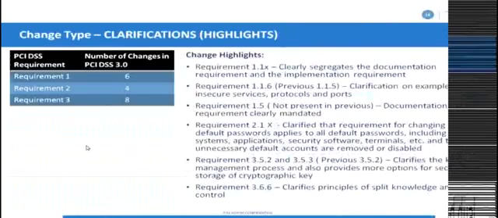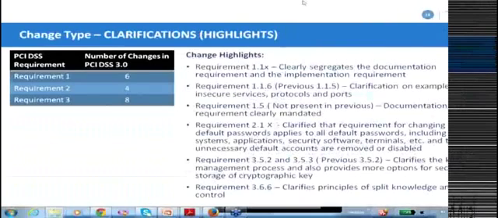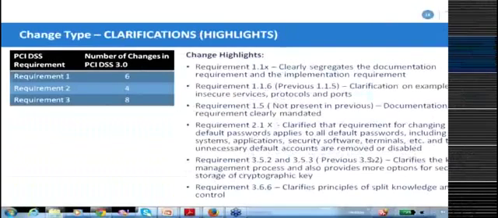All right. Now starting with the clarifications, I'm looking at requirements 1, 2, 3. I have just picked a few of the points. This is definitely not the entire list of the clarifications. If you look at requirement 1.1.x, PCI DSS version 3.0 clearly segregates the documentation requirement and the implementation requirement.